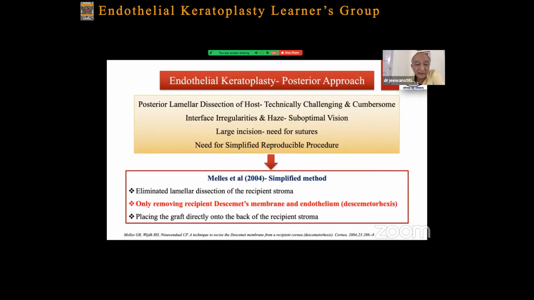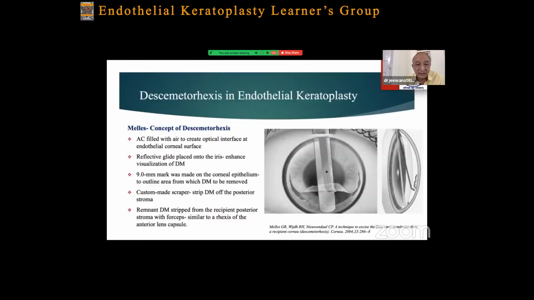And Melles in 2004 described a simplified method where he totally eliminated the lamellar dissection of recipient stroma, which was a major difficult part in these cases, and only described the descemetorhexis in these cases, where the Descemet endothelial complex was taken away and placed the donor lenticule as described by him.